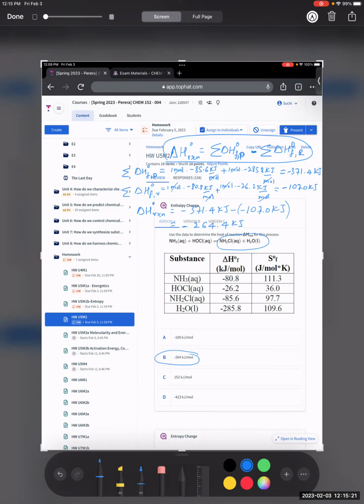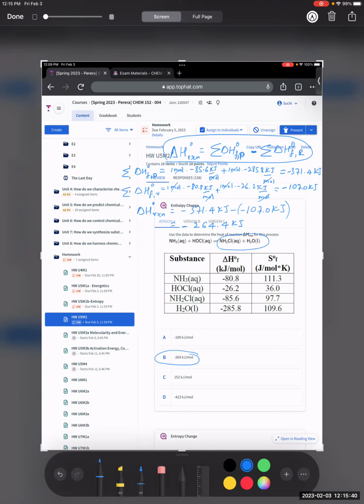Okay, so we have that delta H value to be minus 264.4 kilojoules.